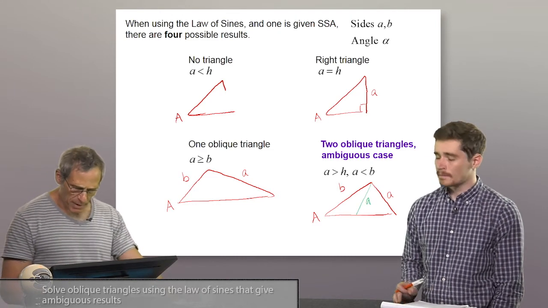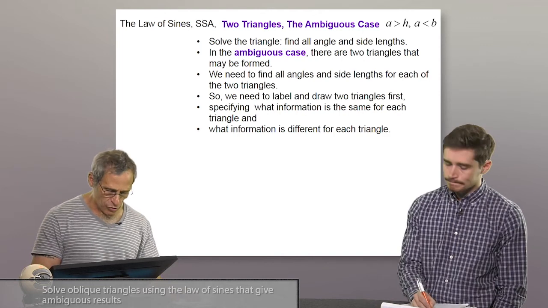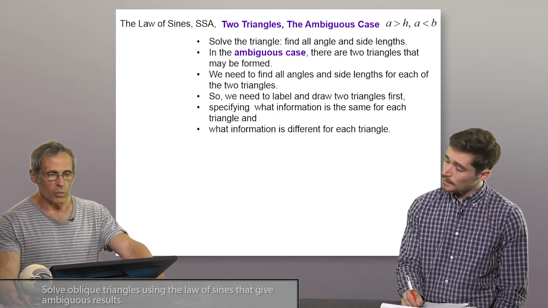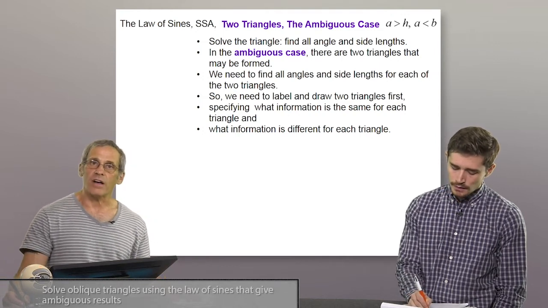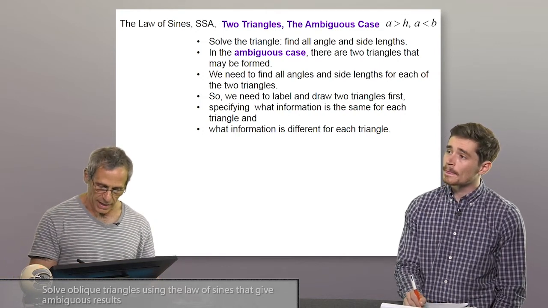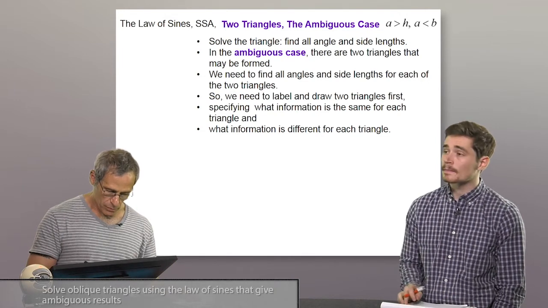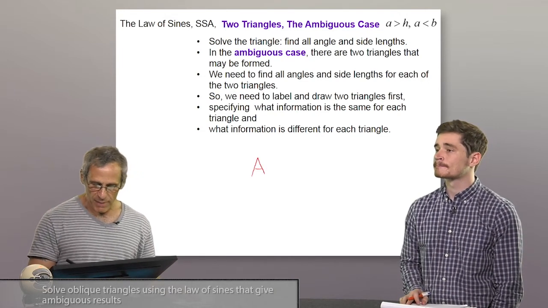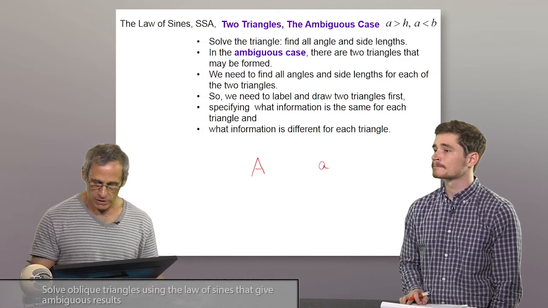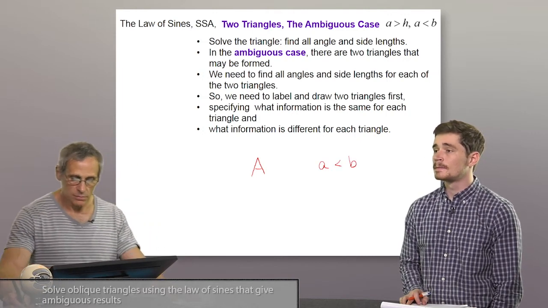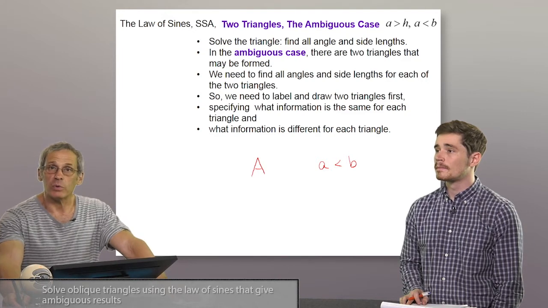Now there's a lot of information there, but the key is to recognize that you have this ambiguous case. And all you really want to do is say to yourself, gosh, if I have an angle, angle A, and if my side opposite it, which I'll call little a, is shorter than the other side given, then I may be in my ambiguous case.